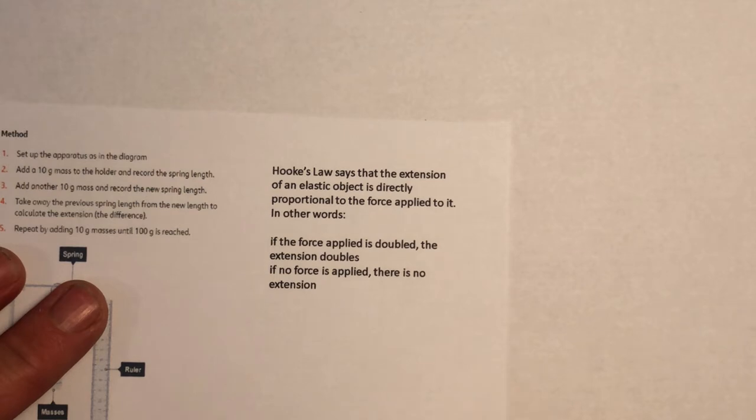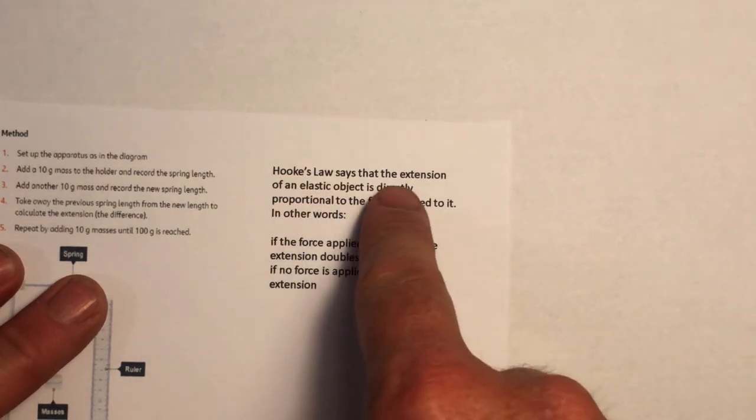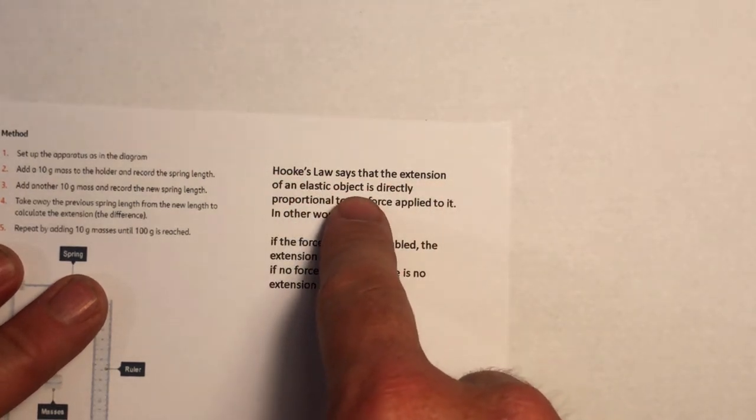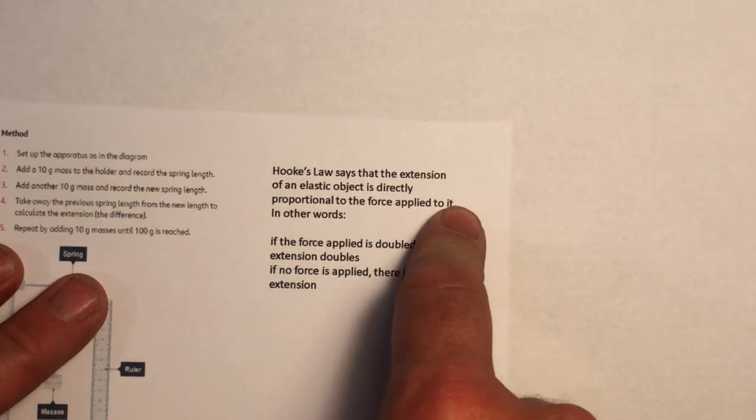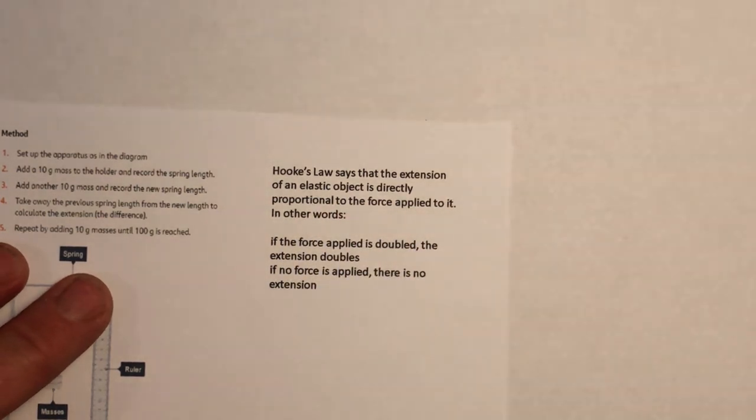Now, what does Hooke's law state? Hooke's law says that the extension of an elastic object is directly proportional to the force applied to it. Now, that sounds absolutely crazy complicated.